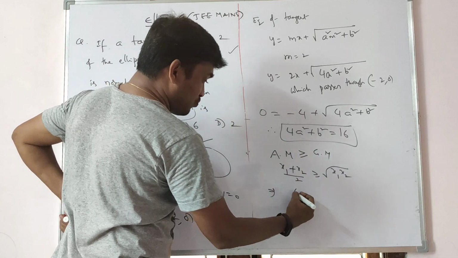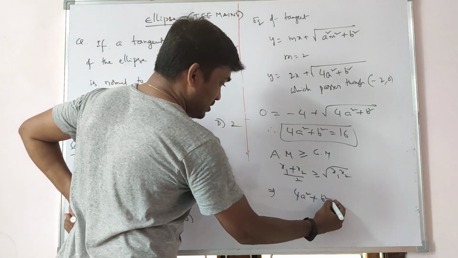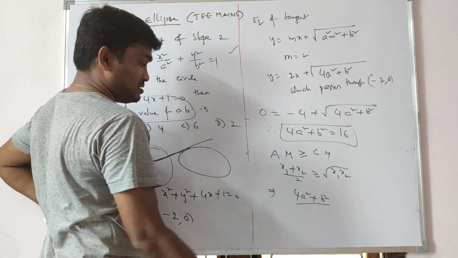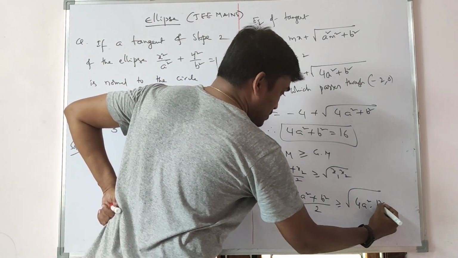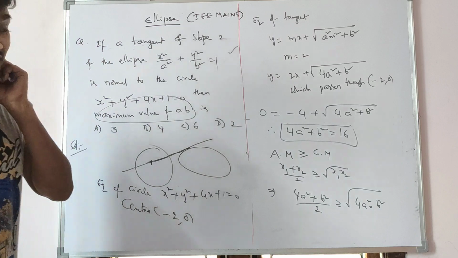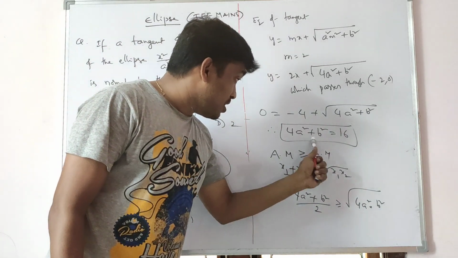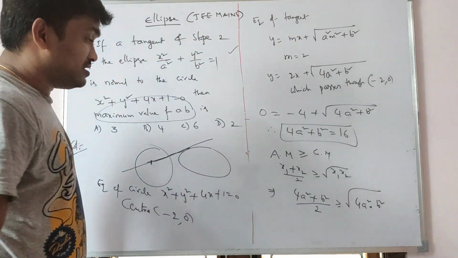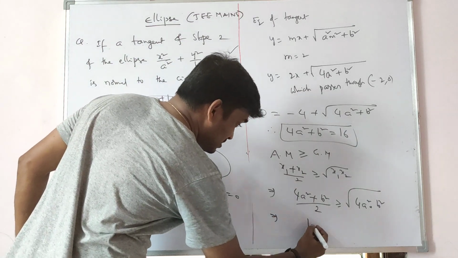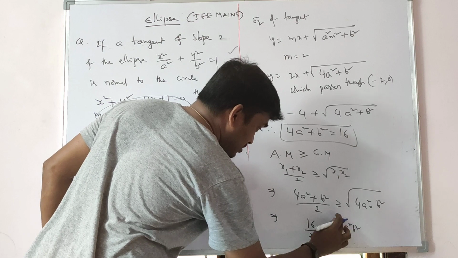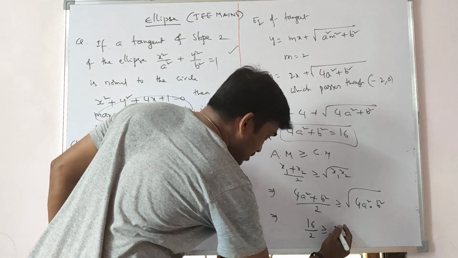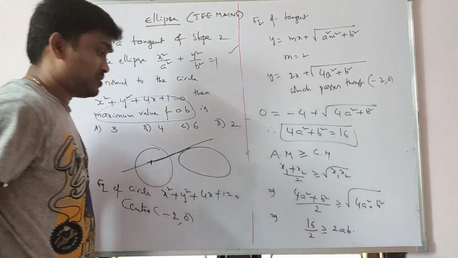Consider x1 as 4a square and x2 as b square. Then (4a square plus b square) by 2 is greater than or equal to root over 4a square into b square. Fine. 4a square plus b square is how much? 16. That means 16 by 2 is greater than or equal to 4a square b square, so directly I can write 2ab.